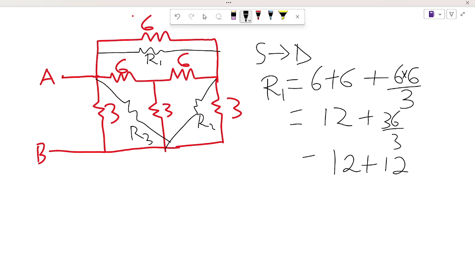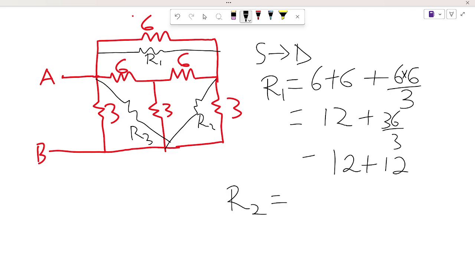Okay, then the next one we are going to look at is R2. So our R2 is going to be, we first add them.